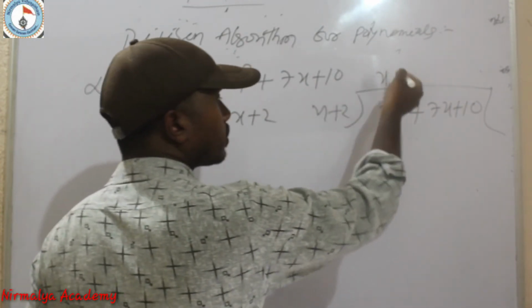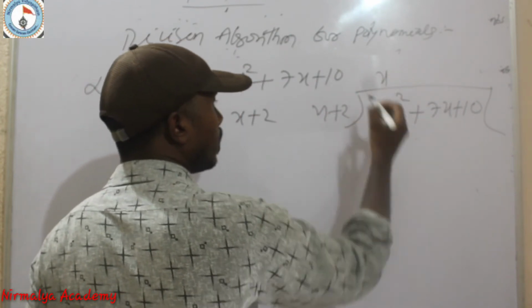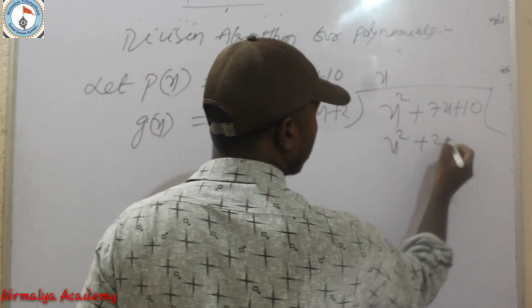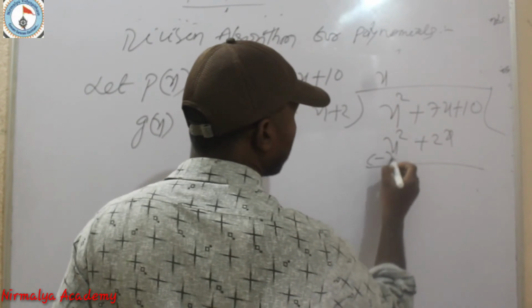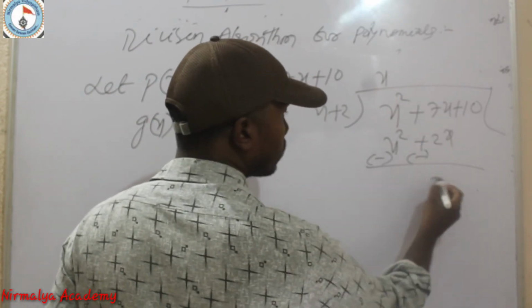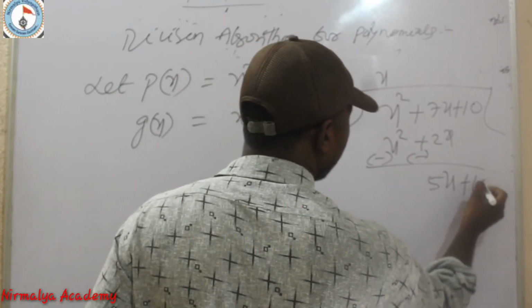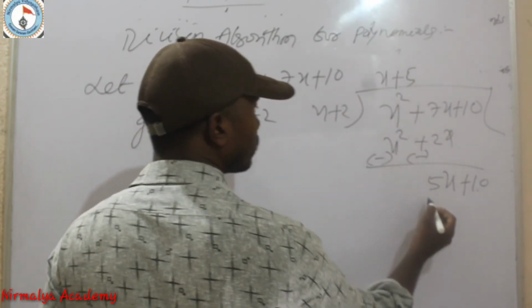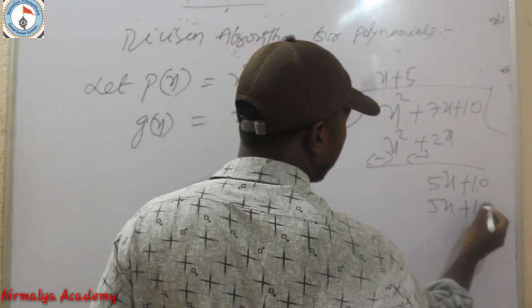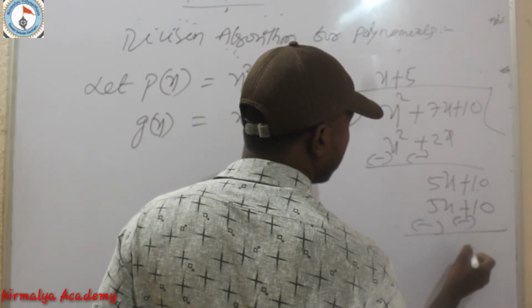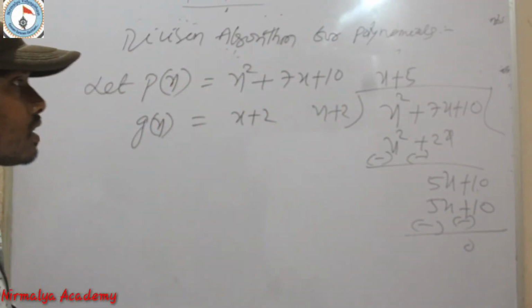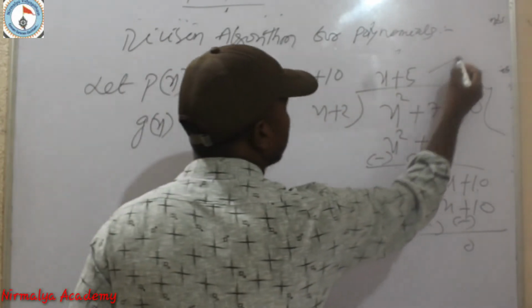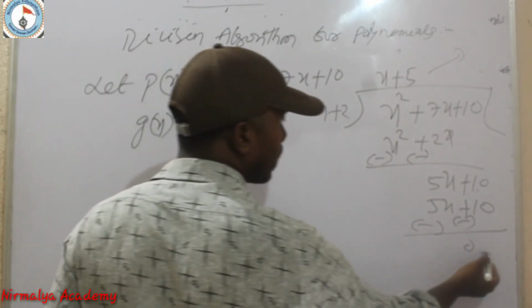We multiply x plus 2 into x, that equals x square plus 2x. 7x minus 2x, so we get 5x plus 10. Then we will take 5. 5 into x plus 2 is 5x plus 10. Then it will be 0. So q(x) is x plus 5 and r(x) is 0.